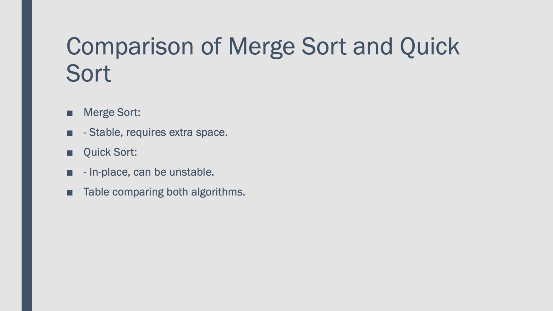On the other hand, quick sort is an in-place sorting algorithm. That means, unlike merge sort, quick sort does not require extra memory, making it more memory efficient. But it can be unstable. That means quick sort does not guarantee stability, meaning equal elements may not maintain their original relative order.